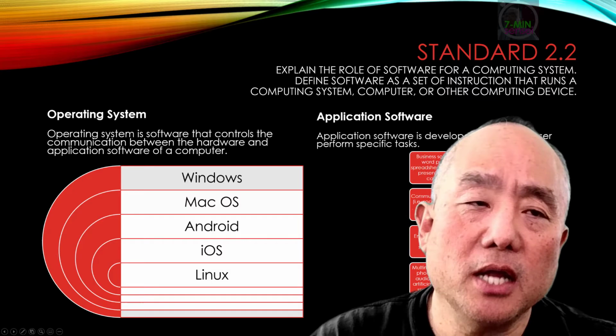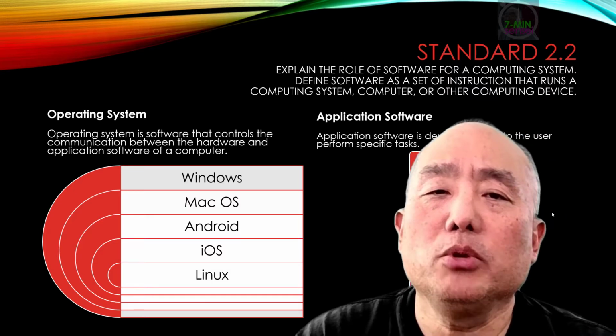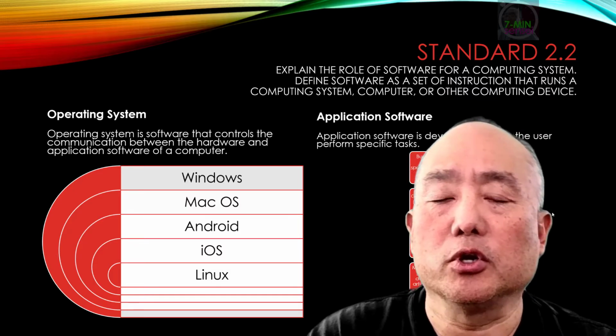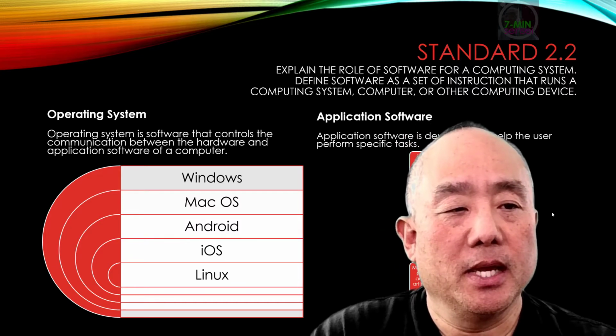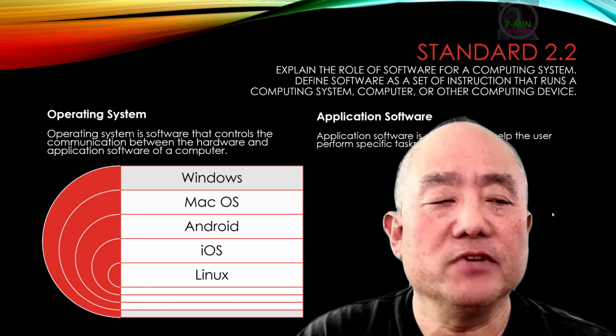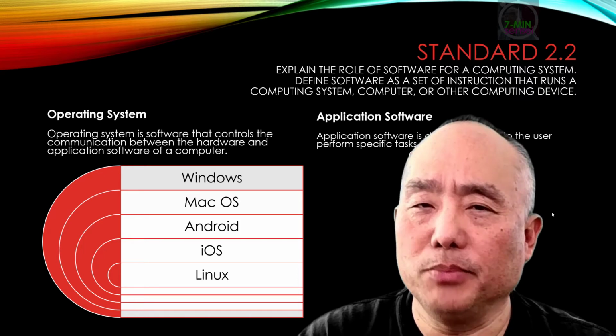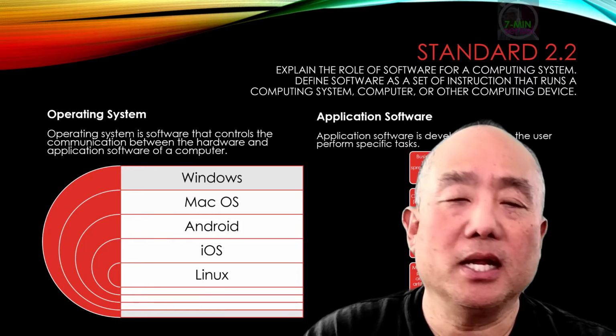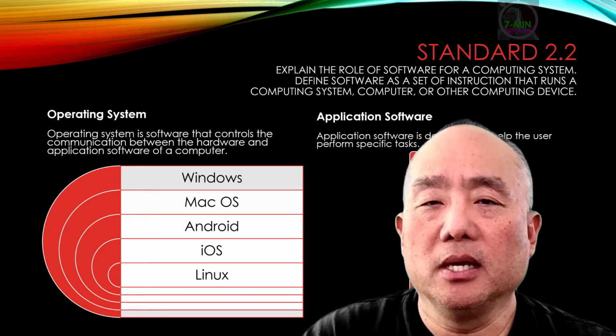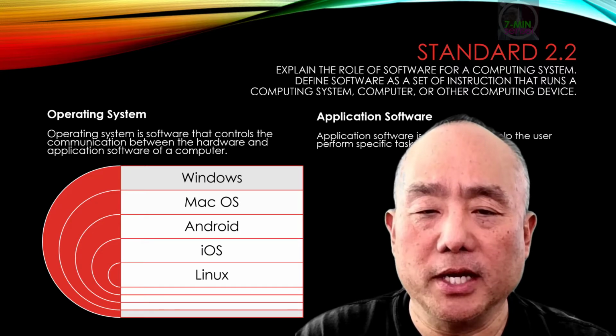Standard 2.2. Here we will explain to you the role of software for a computing system, and will define software as a set of instructions that runs a computer system and other computing devices. There are several operating systems.